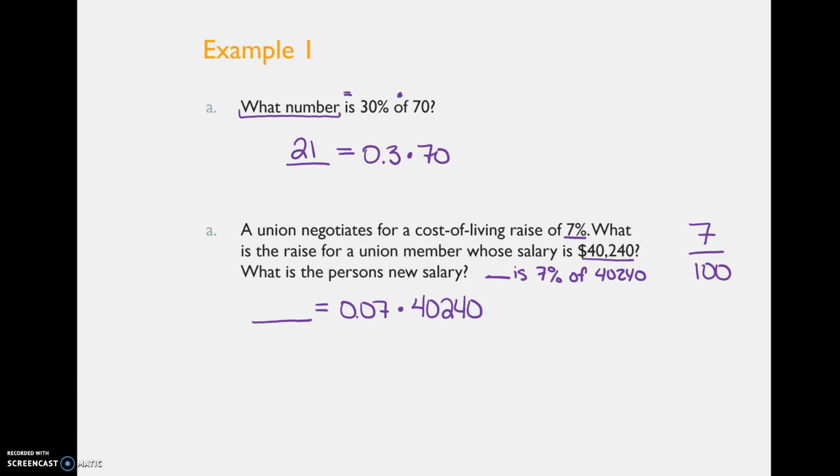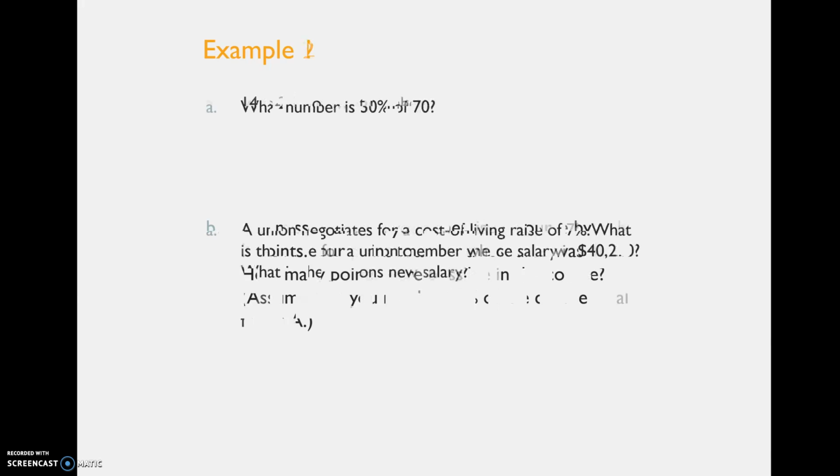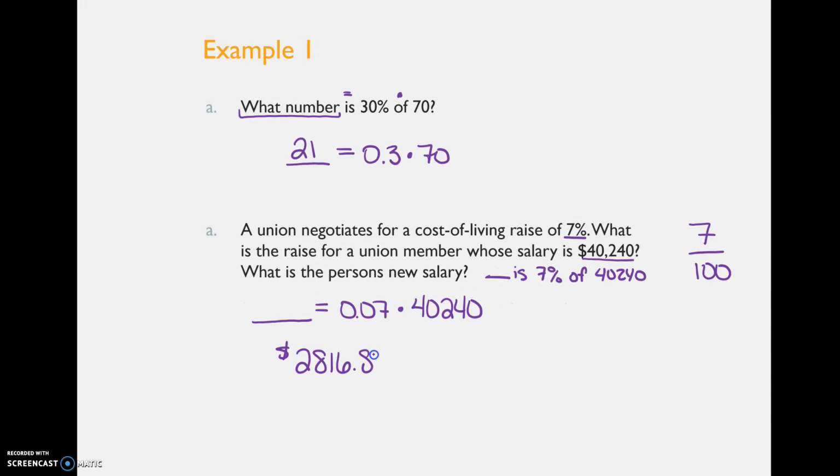So 0.07 times 40,240 is $2,816 and 80 cents. So that's the raise. What is the person's new salary?